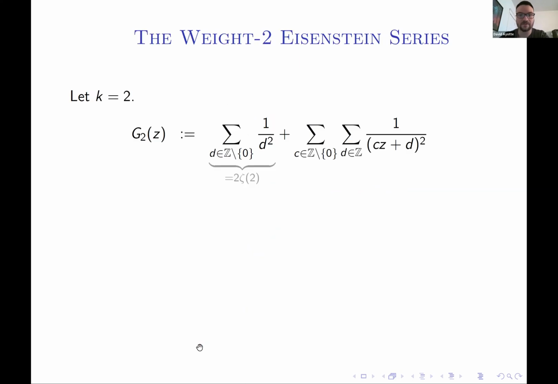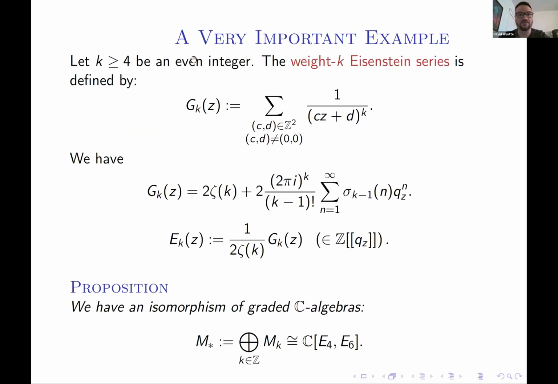Okay, so now let's move on to a special case of an Eisenstein series. Before, I supposed that k was greater or equal to 4, which tells us that this sum is absolutely and uniformly convergent. But what if we take k equal to 2? We can do this, but in this case, we lose the absolute convergence.